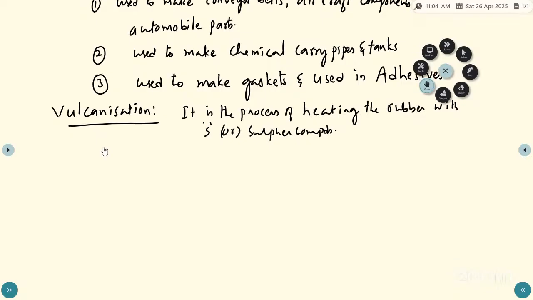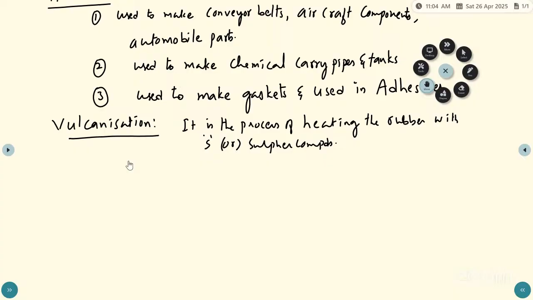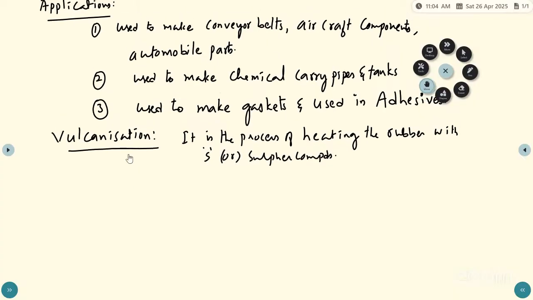See, we already know that rubber is a polyisoprene unit with a double bond. This is the polyisoprene unit. This is the isoprene unit.